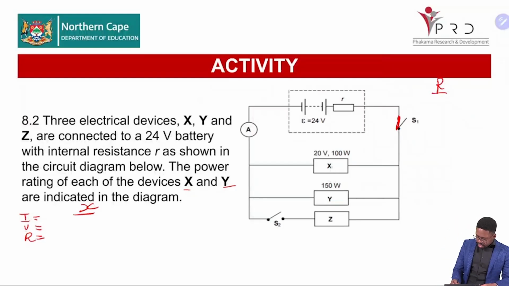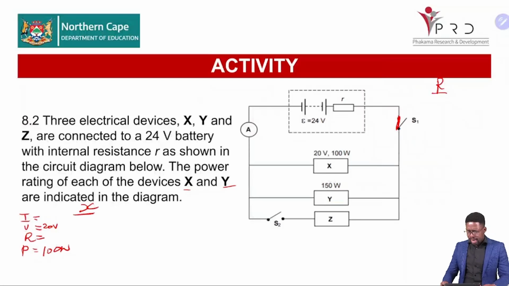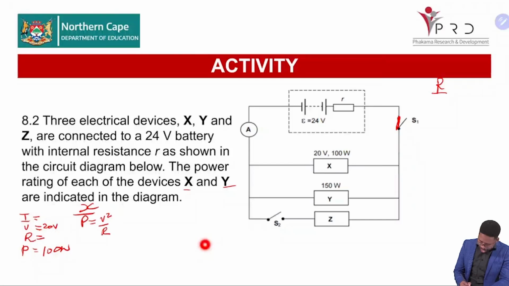When you look at device X, we are given the voltage, which is 20 volts. We are also given the power in X, which is 100 watts. So we can get the R by using the formula power is equal to V squared over R. Power is 100, and V for X is 20.